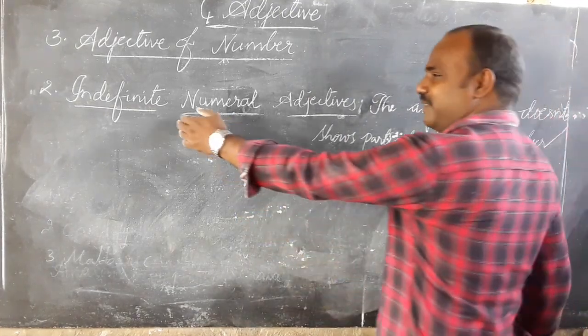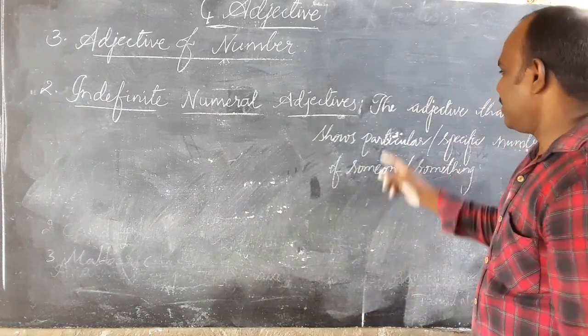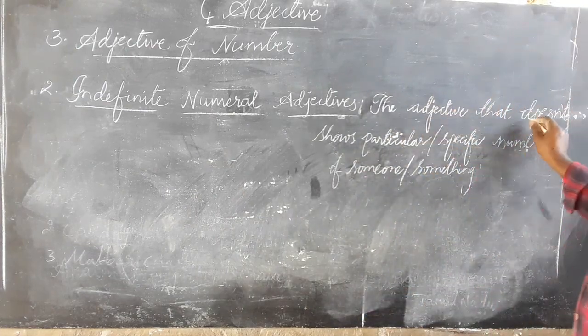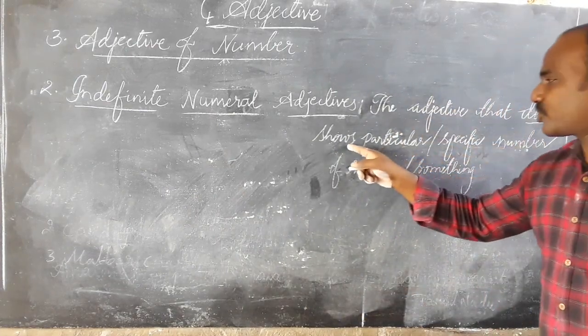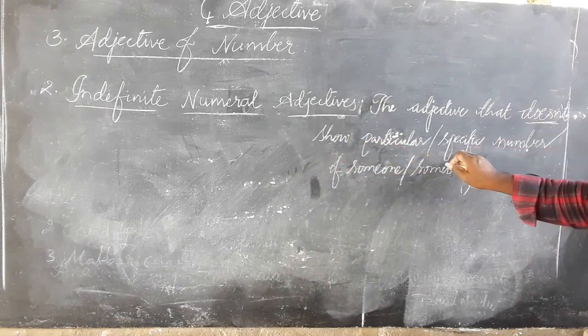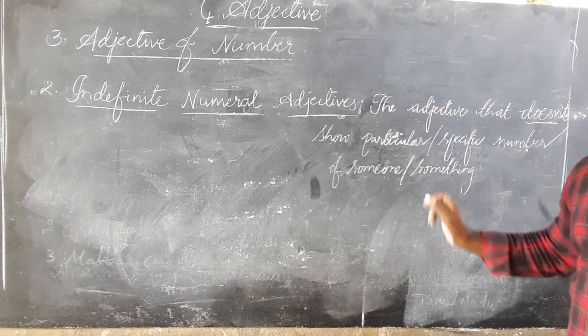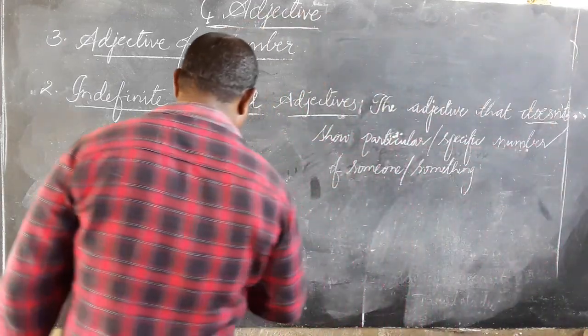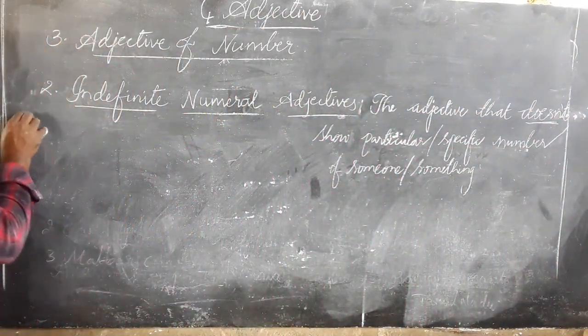See, indefinite means here an adjective that does not show a particular or specific number of something or someone. For example, look at this example. I am writing here an example.